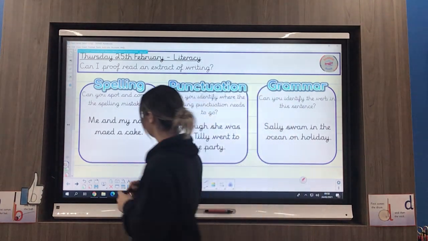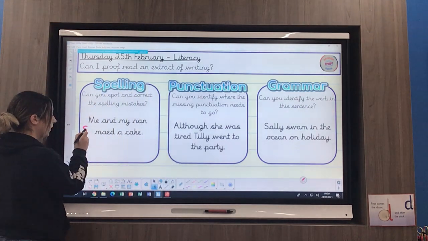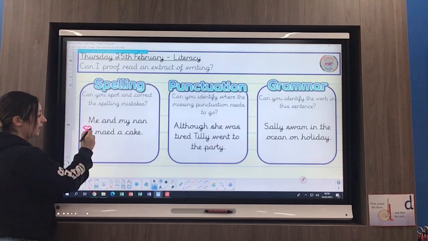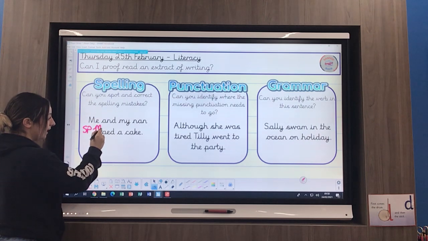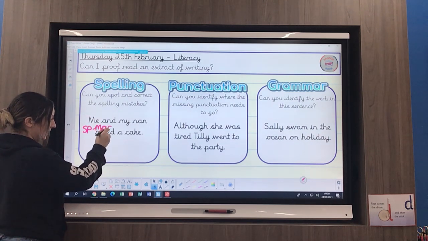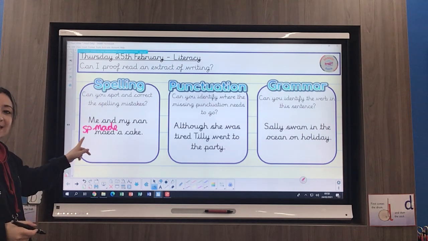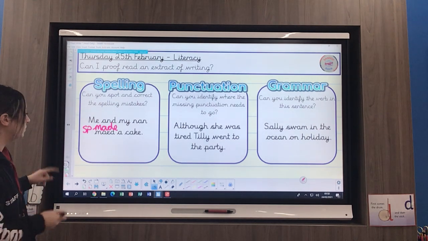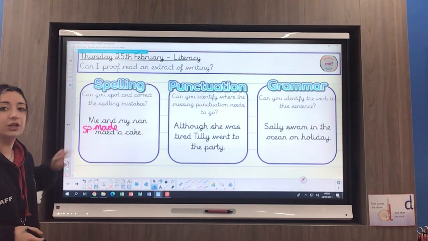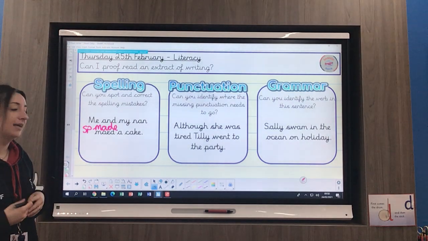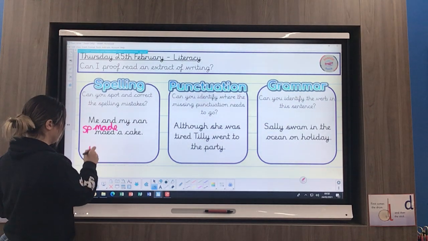So I'm going to put SP where my spelling error is, and I'm going to put M, A, D, E. So I used the correct letters, but they weren't in the right order. I'm going to do it bigger under here so you can see at home what I mean by a split digraph.